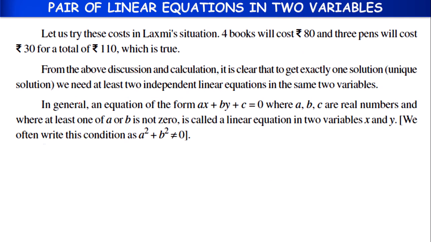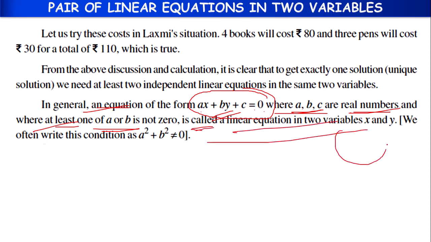So in general, an equation of the form ax plus by plus c equal to 0, where a, b, c are real numbers and at least one of a or b is not 0, is called a linear equation in 2 variables x and y.